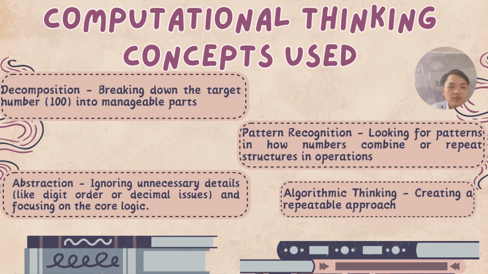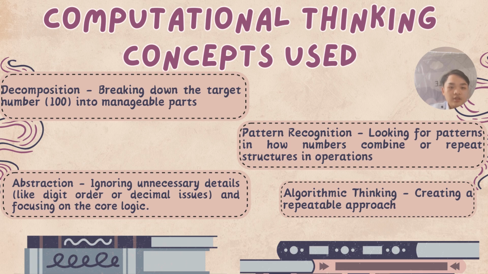For decomposition, we break down the target, which is the number 100, into manageable parts. For pattern recognition, we look for patterns in how these 4 numbers combine or repeat structure in operations to get the answer.